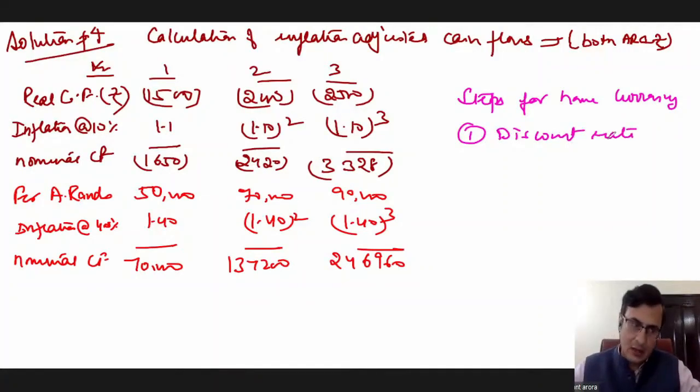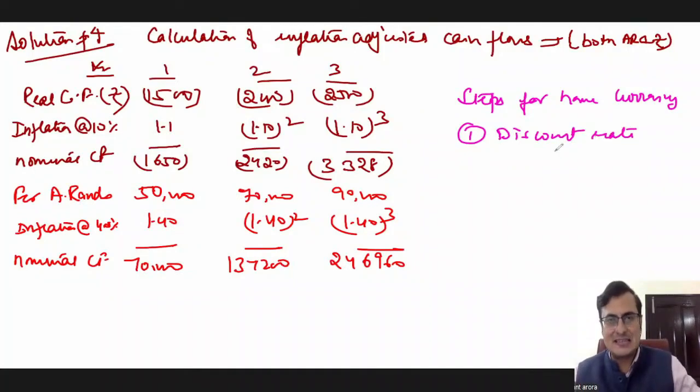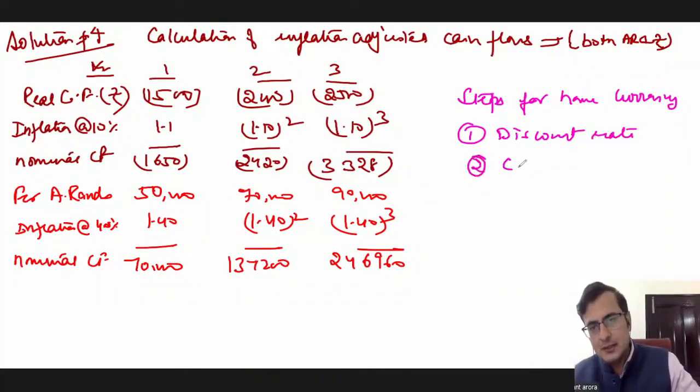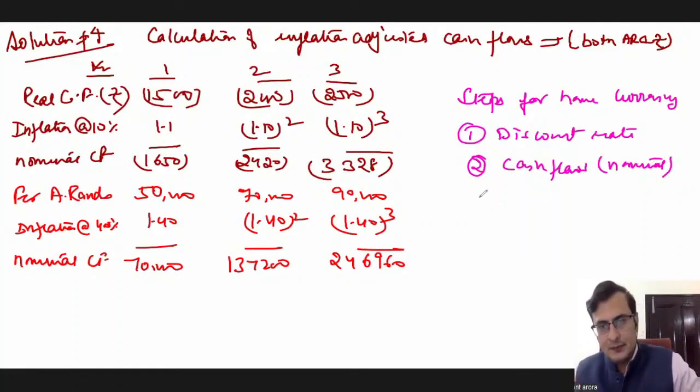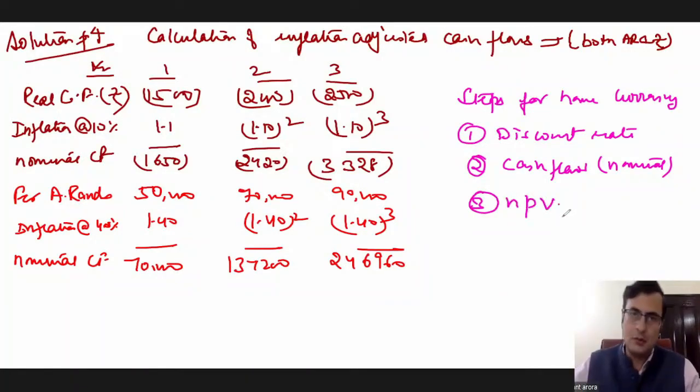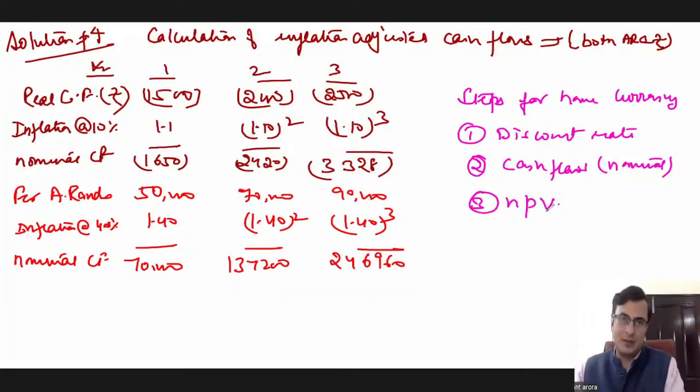Just observe in the exam whether this is given or not. Number two, cash flows, in nominal terms, and the cash outflow again will be simple. And third is the calculation of the NPV as a whole, because we have to incorporate both of them as per this question.